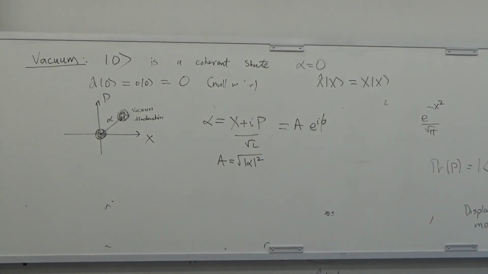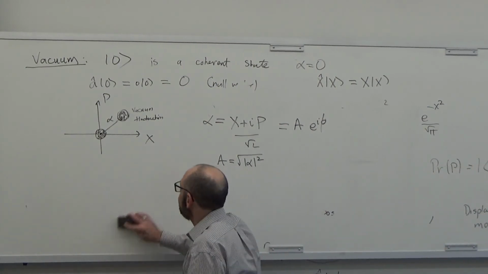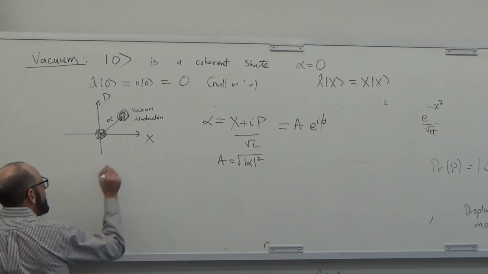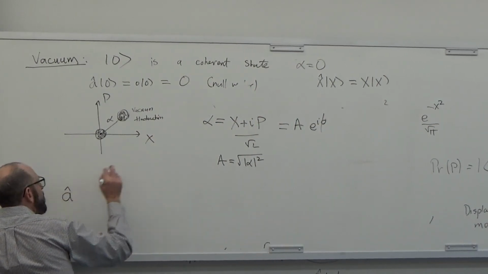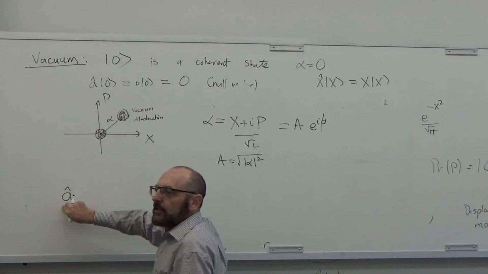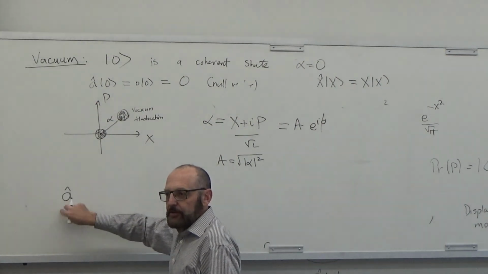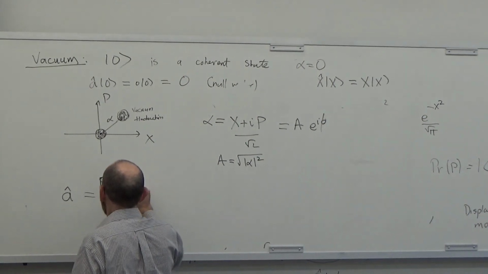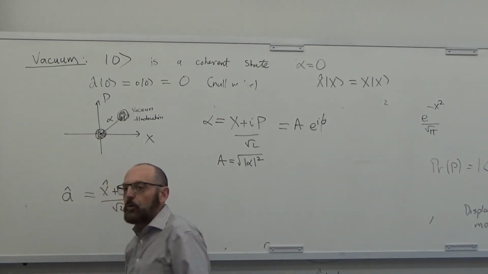Okay. Now, from the quantum perspective, the thing that was the complex amplitude is like the annihilation operator, which has the Hermitian and anti-Hermitian parts as the quadratures.